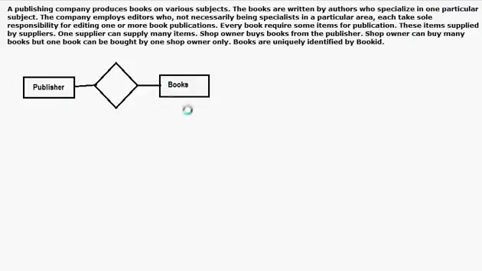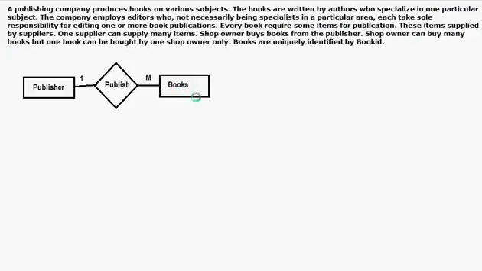One company can produce many books, so it will be one to many. Publish. Clear?